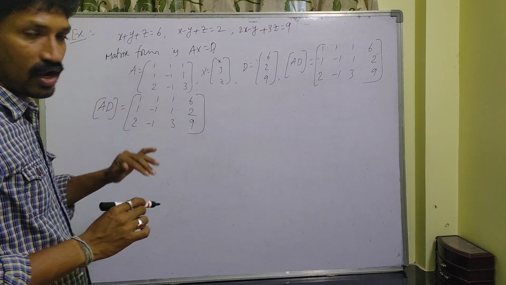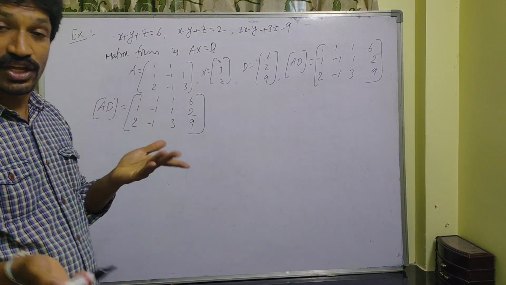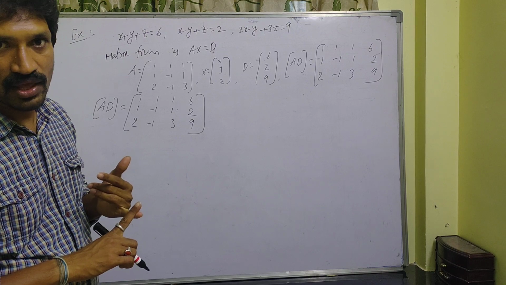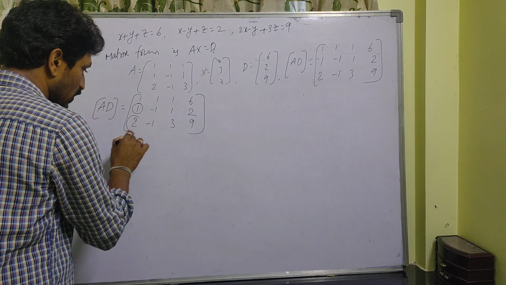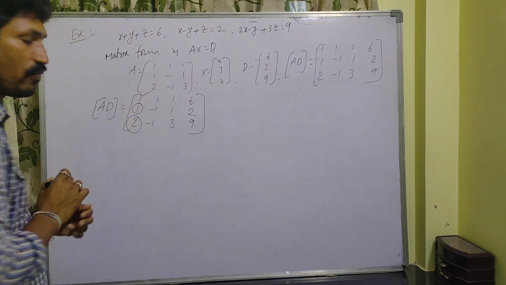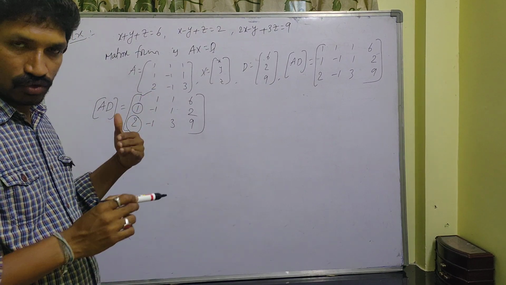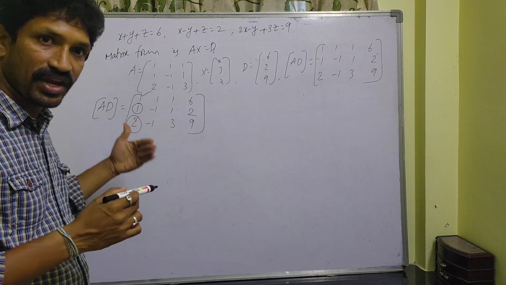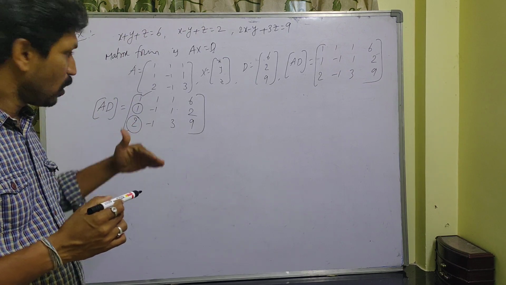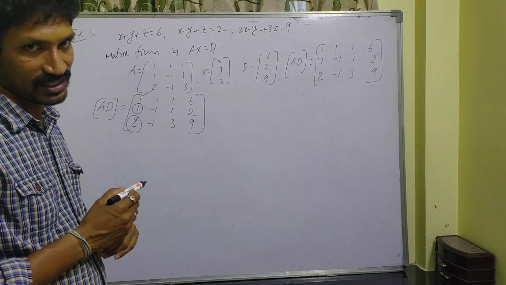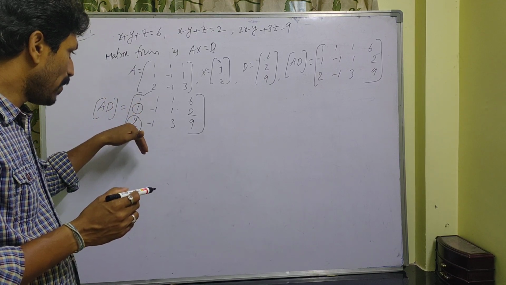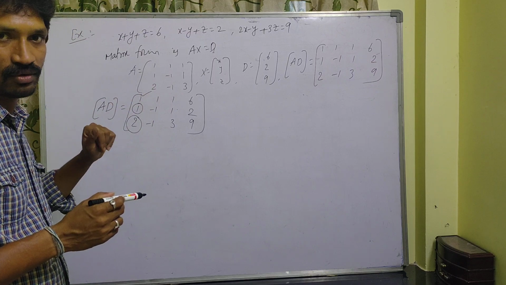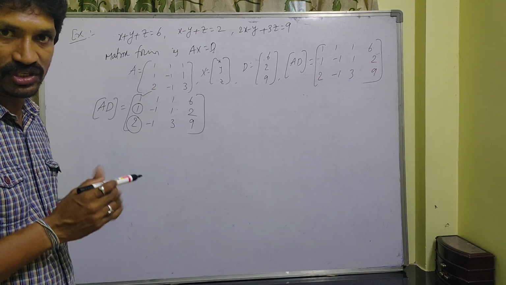You know how to convert the given matrix into echelon form. Echelon form means, first of all, we have to make these two entries zeros by using this one, by elementary transformations.